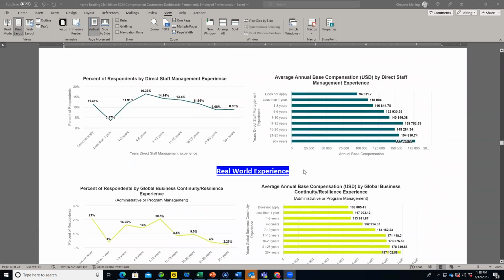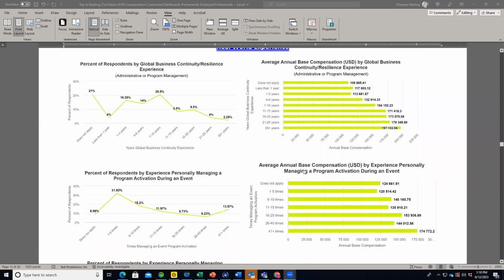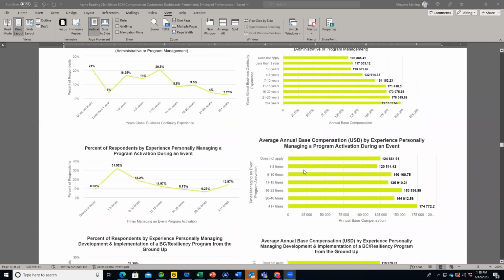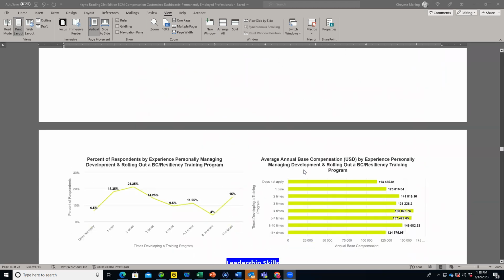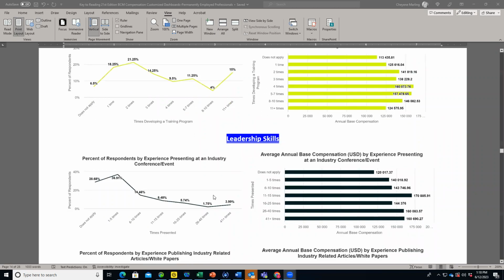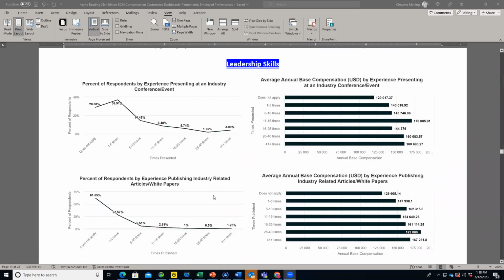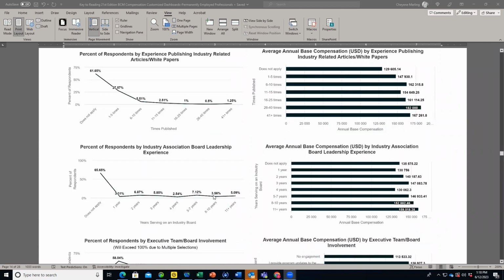Then we get into real world experience for business continuity planning: globally being involved with the program, personally managing the program, activating it during an event, creating a program from the ground up, creating and rolling out a training program from the ground up. Then we have leadership skills, so presenting at an industry-related event or conference, publishing within the industry, as well as serving on any type of board leadership.